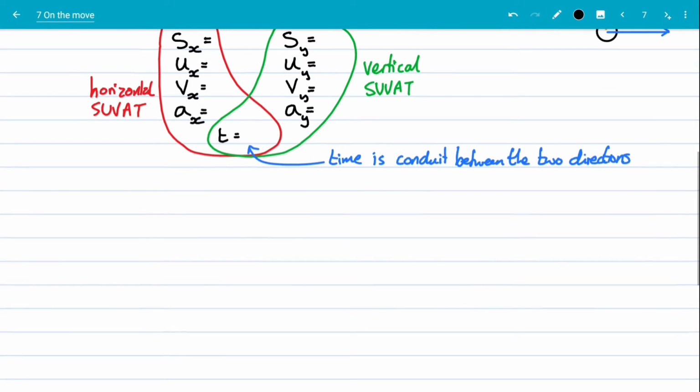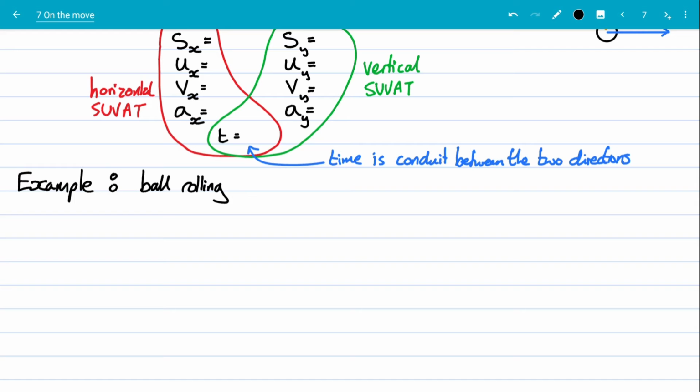So let's use an example of a ball rolling off a desk. And you can say the desk is, let's have 0.6 meters high. It's not very high. No, let's have 0.7, which is a horrible, awkward number, meters high desk.